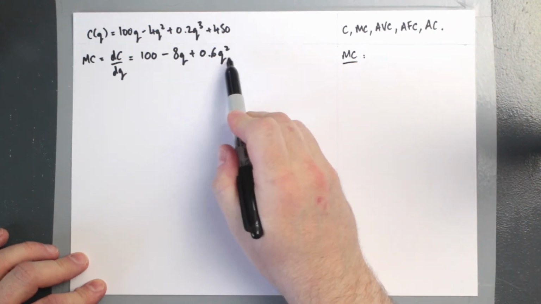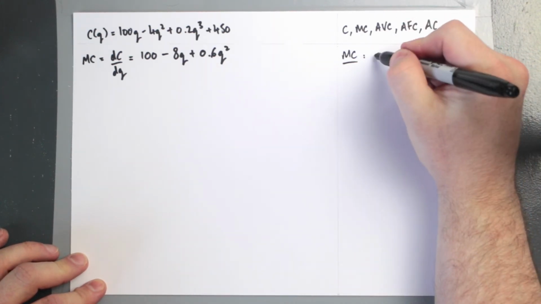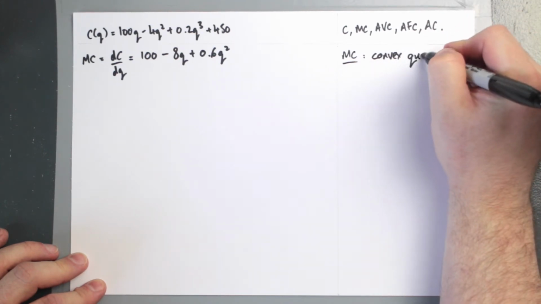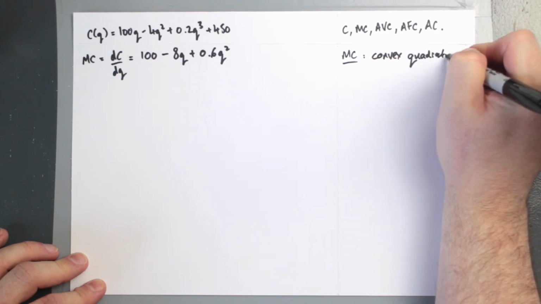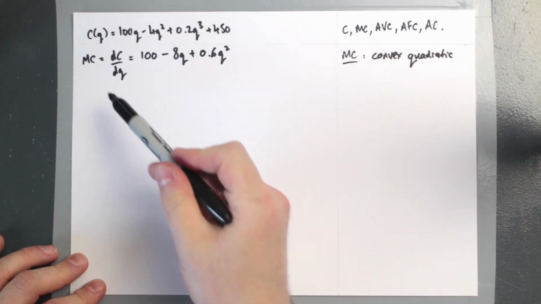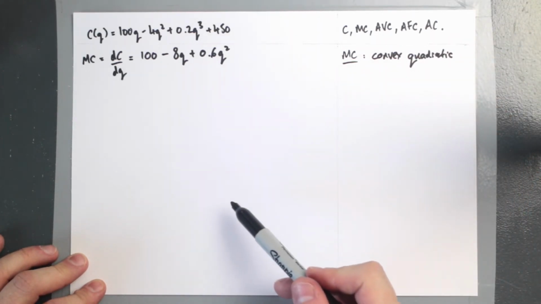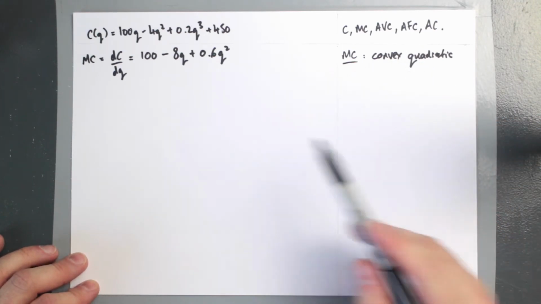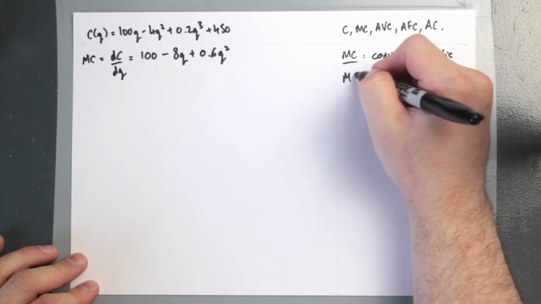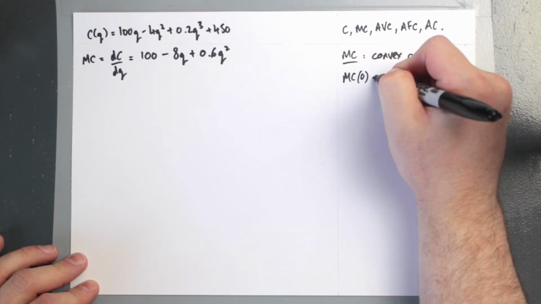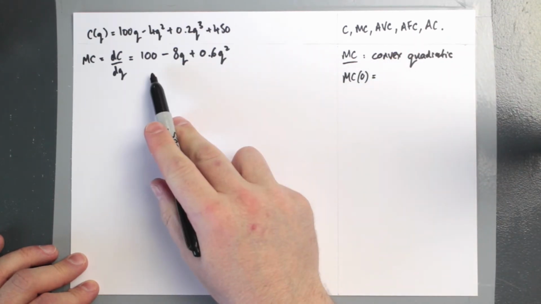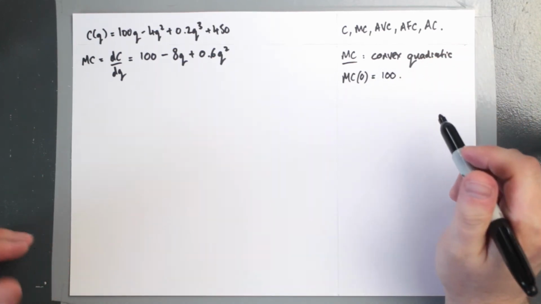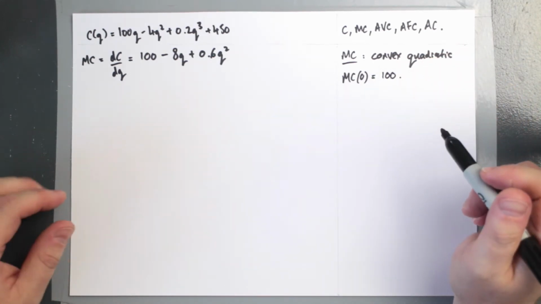It's got this plus q squared here, so I know it's a convex quadratic. So it's going to start decreasing, reach a minimum, and then increase. I could also read that the marginal cost at 0, so if I'm producing 0, the marginal cost is just 100, so that's where this curve intercepts the vertical axis.